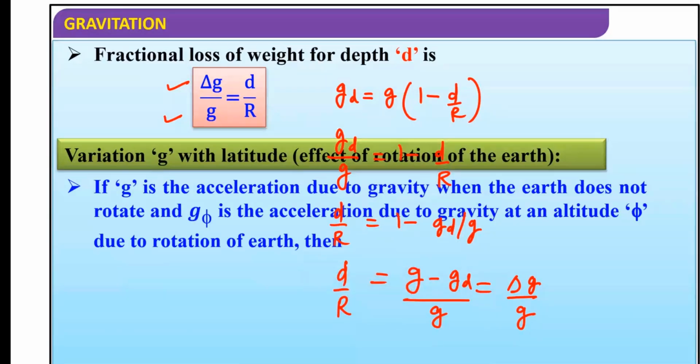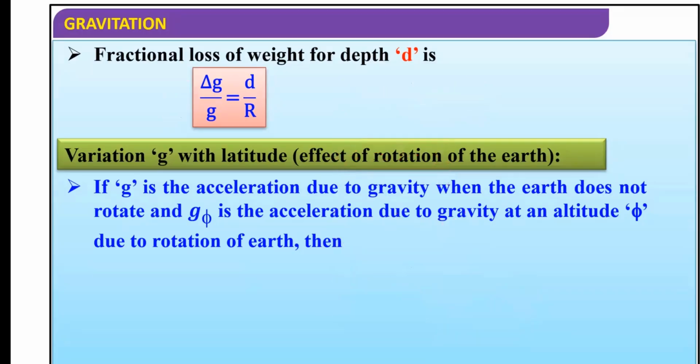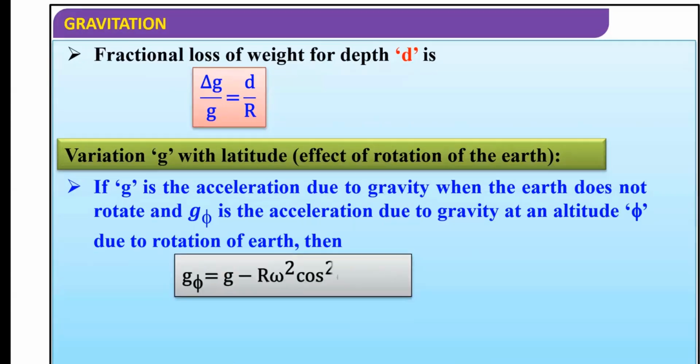Now the next one is related to effect of rotation. Suppose there is an object of mass m which is at phi latitude, and earth is rotating from west to east with angular velocity omega.